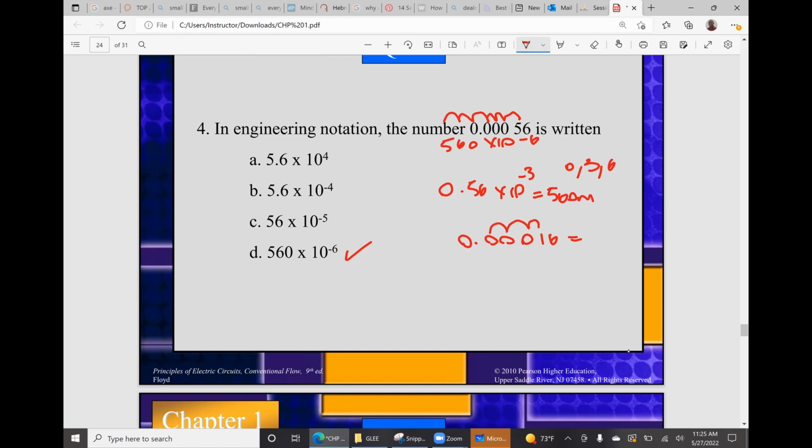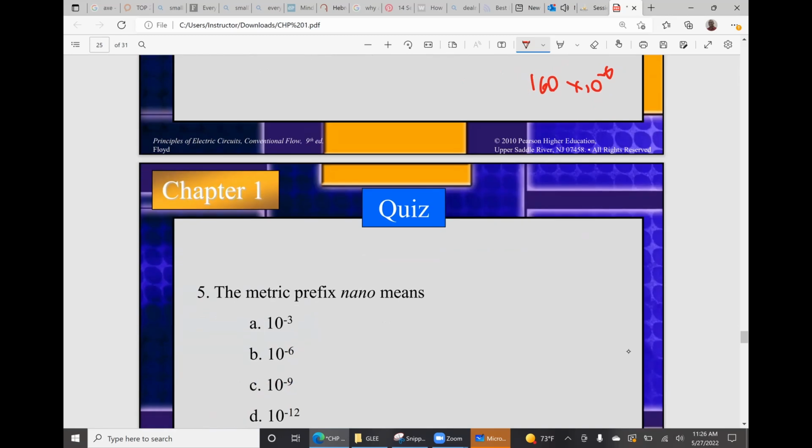So it becomes 0.16 milli, right? Which is 0.16 times 10 to the minus 3. If you write it as micro, you're going to go to 6 like this one. So we move 1, 2, 3, 4, 5, 6. So we write 1, 6, and it becomes 160 times 10 to the minus 6. All right, let's continue.